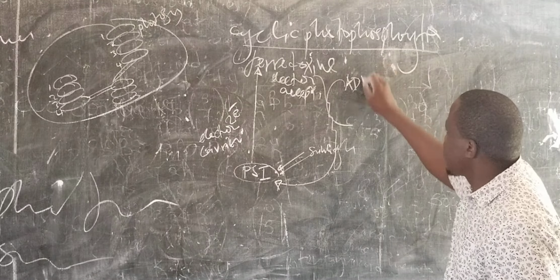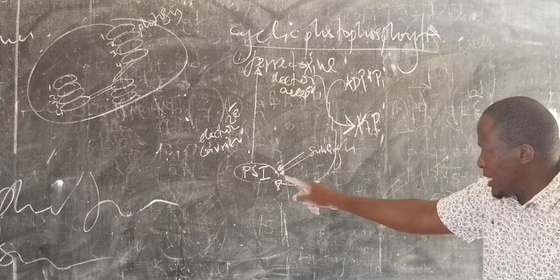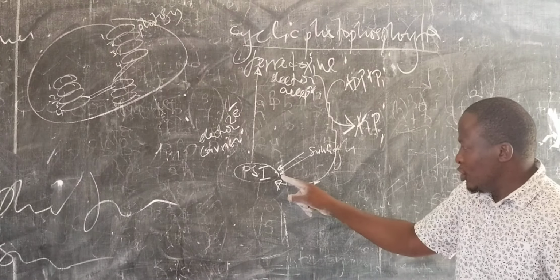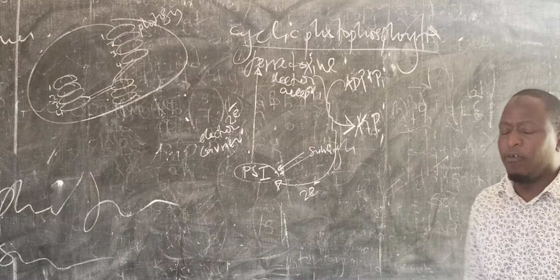Electrons will come back to their original position to stabilize photosystem 1. This photosystem was unstable ever since it lost some of its electrons, as a result of having them hyper-excited due to the action of sunlight.